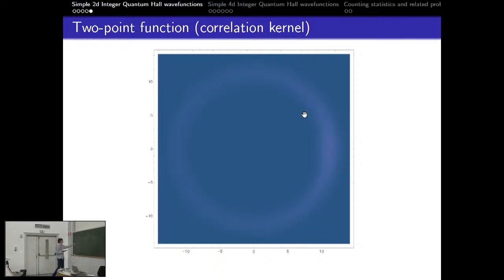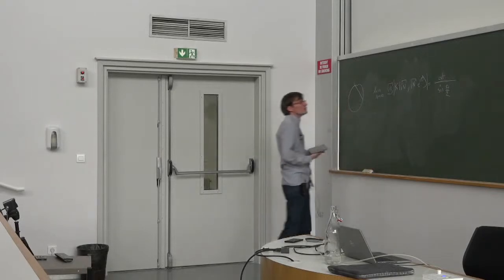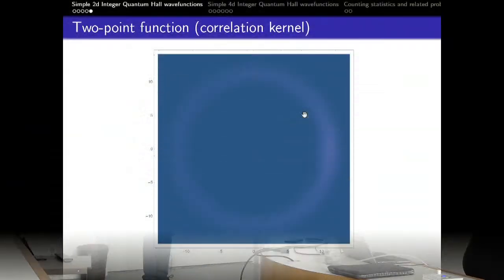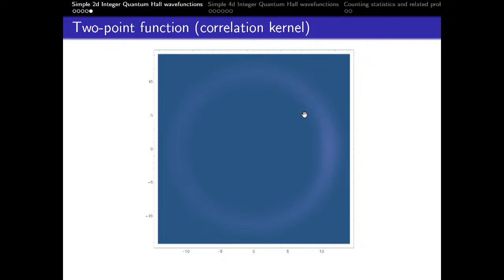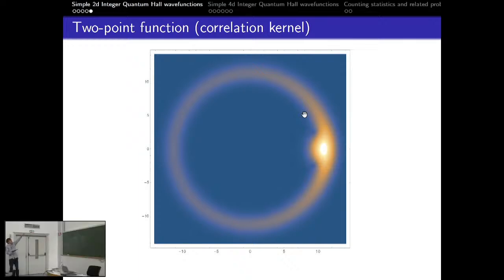Okay, and this result is not that surprising, but if you're like me and you come from conformal field theory, this is very natural, because one way to interpret this is that there is some kind of effective conformal field theory which lives at the edge, and it has a power law decay of correlation.